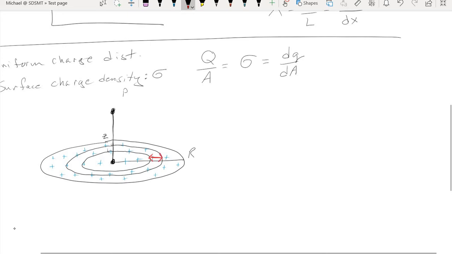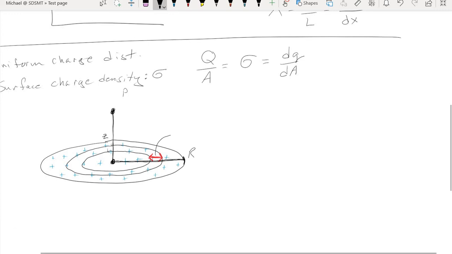Previously, we did not assign any dimension to the thickness of the ring, and that's because we were assuming the ring to be infinitesimally thin. In this case, we can't do that because we're going to have to add up the thicknesses of all of the rings to achieve the finite radius of the disk.